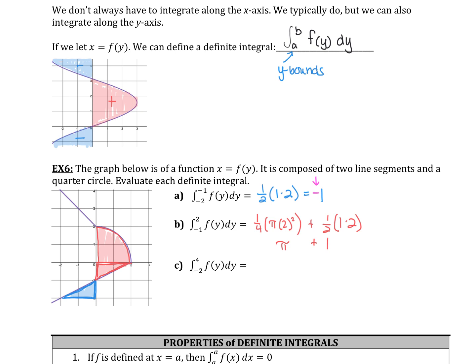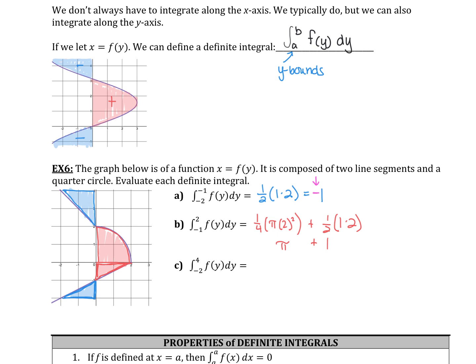Okay, well, the next example I want you to try on your own and see what you get. All right, this one asked me to find the whole area, the whole way from -2 all the way to 4. And so the part that I'm missing is this triangle right in here. And this triangle in here is going to be a negative area, so I've got to take that into account.